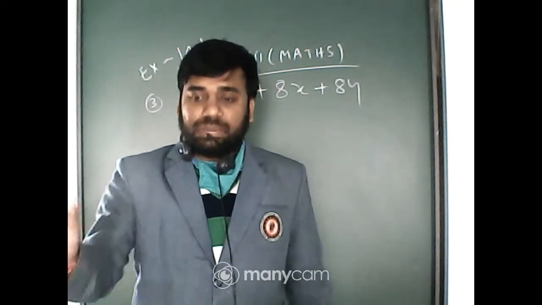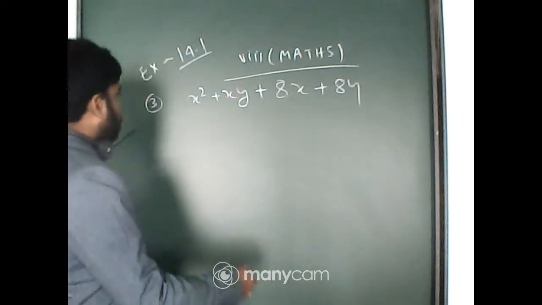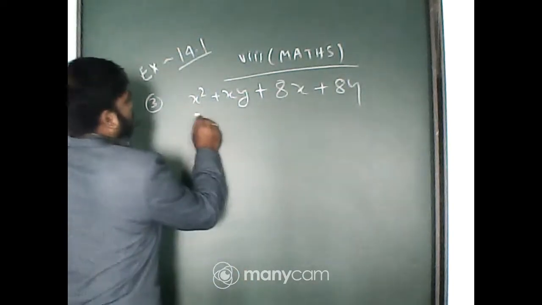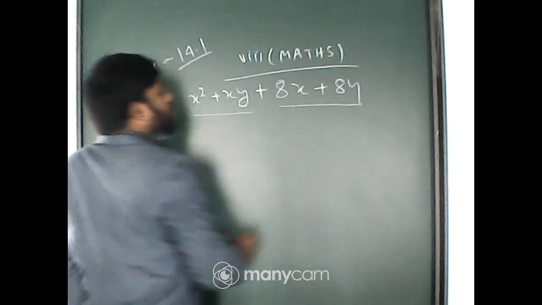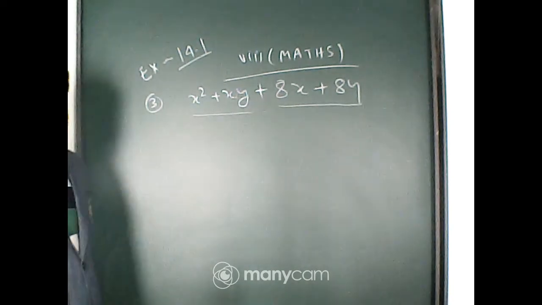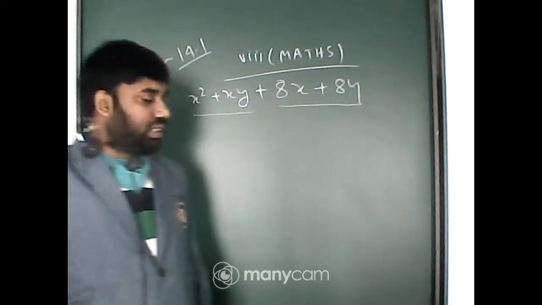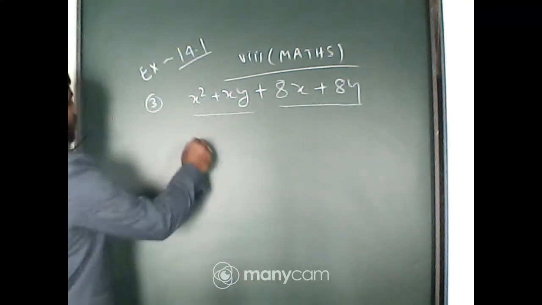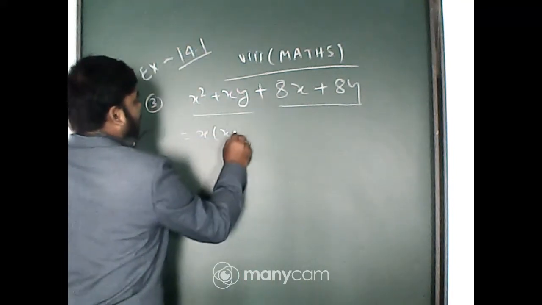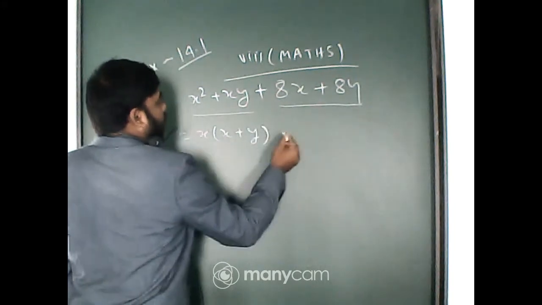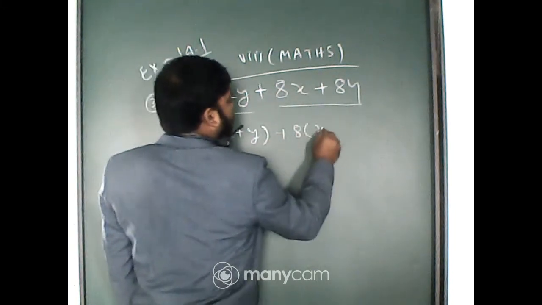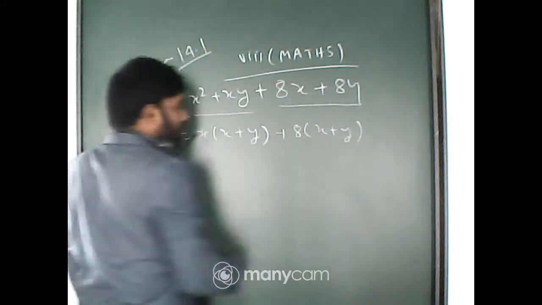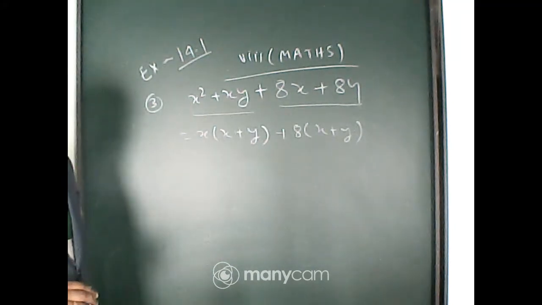From the first two terms and the last two terms, which is the common term in the first two terms? Yes, that is x. So x into x plus y, and from the last two terms, that is 8 into x plus y. Now look at the board clearly.